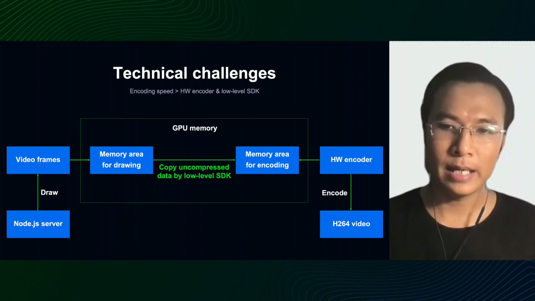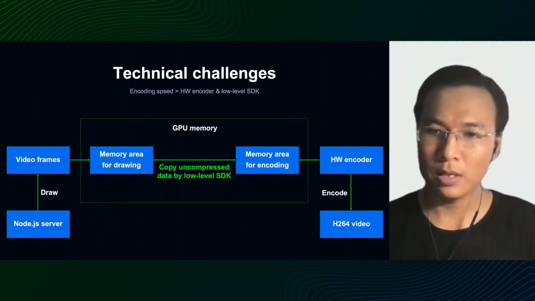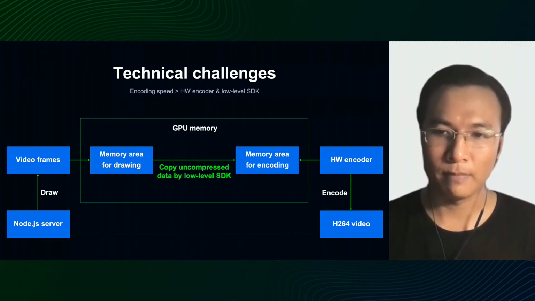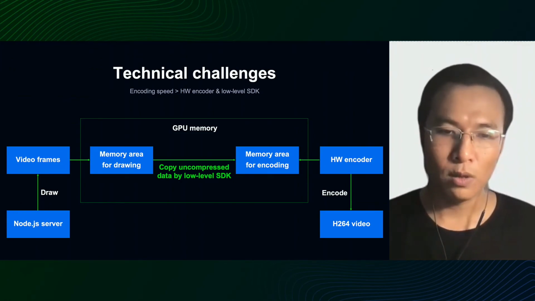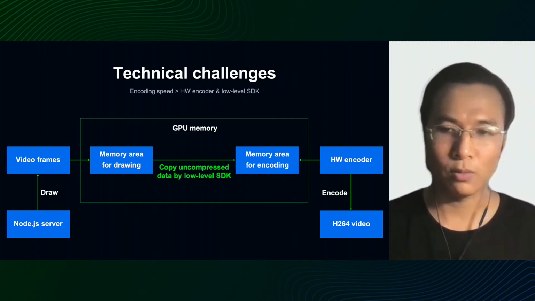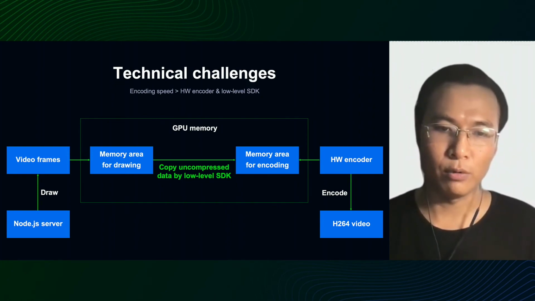The low-level SDK that I mentioned in the previous section can help the hardware encoder to copy uncompressed video frames from the area reserved for drawing to the area reserved for encoding within the GPU memory. With this approach, everything happens on the GPU, from drawing to encoding. Therefore, the bottleneck above is completely removed.